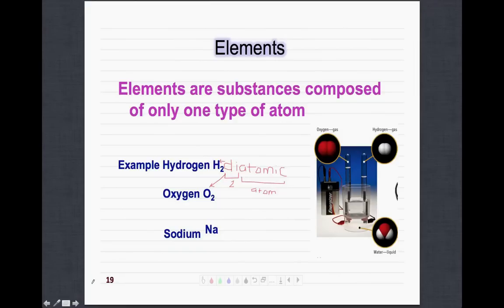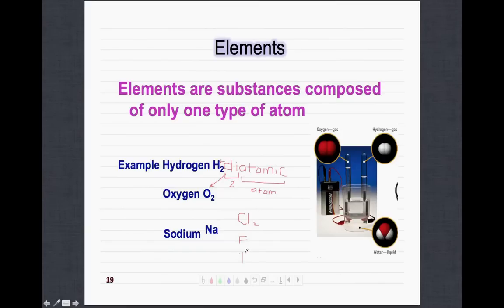Take this copper, and what do we have? Carbon. Carbon is an element. So anything from the periodic table as it is is an element, with the exception of hydrogen, H2, O2, and with the exception of Cl2, F2. They exist in the diatomic form, and all of these are considered elements.